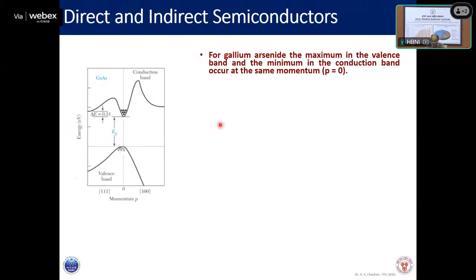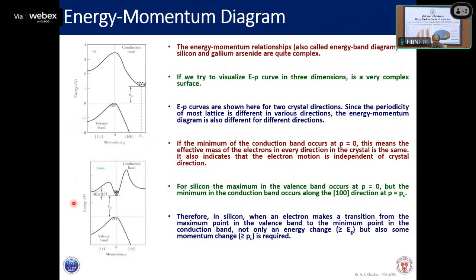These kinds of semiconductors, where the highest point of the valence band and the lowest point of the conduction band coincide at the same momentum, are called direct band gap semiconductors.